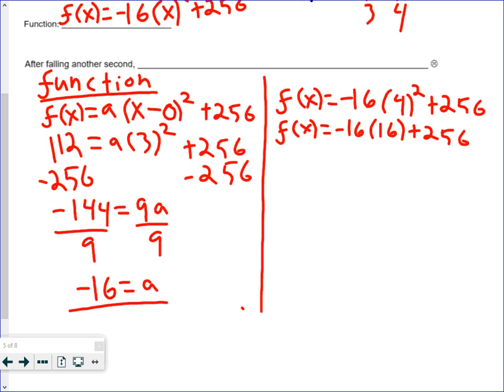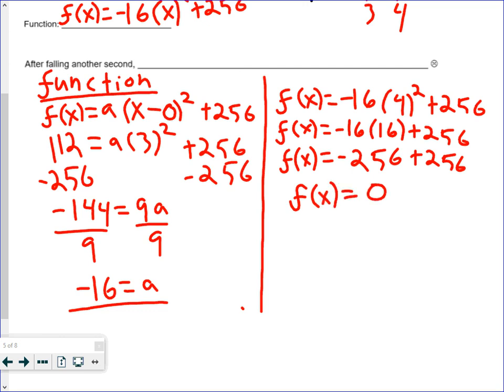Negative 16 multiplied by 16 is negative 256, and negative 256 plus positive 256 is 0.